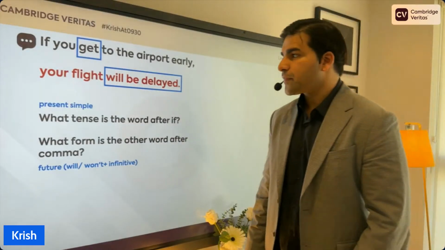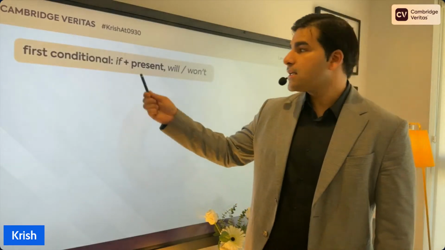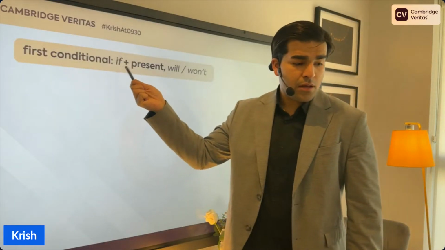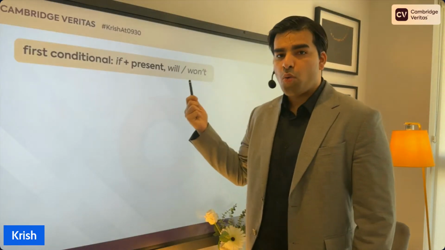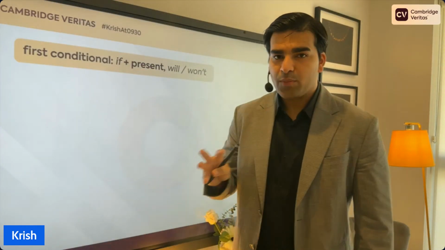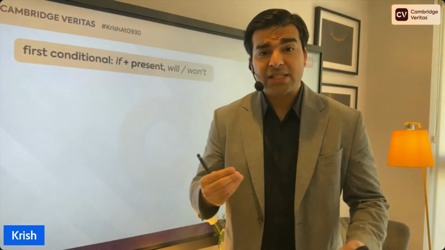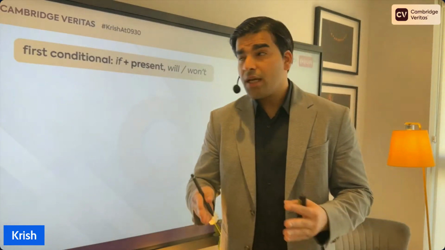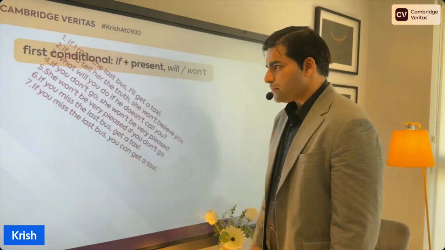Here we go. Ladies and gentlemen, you know the structure now already. It is if, present, comma, will or won't. Now I'm going to show you one example one by one. When you see the example, just read it out loud. Here we go.